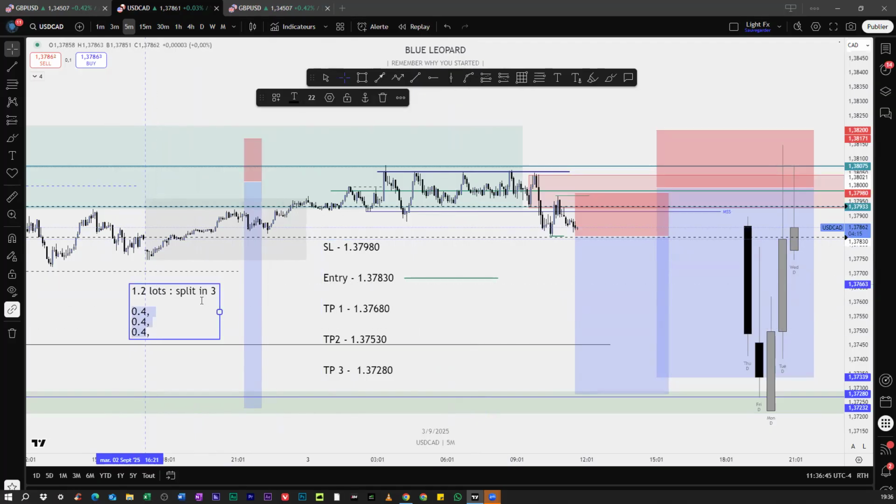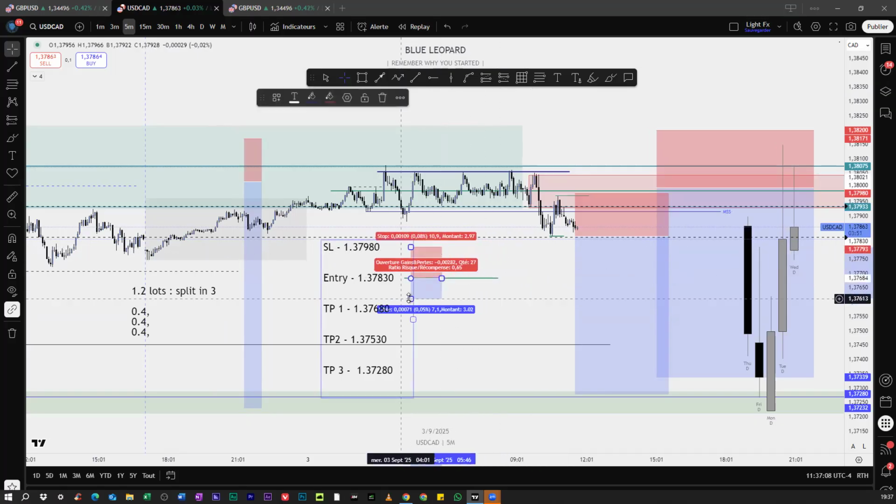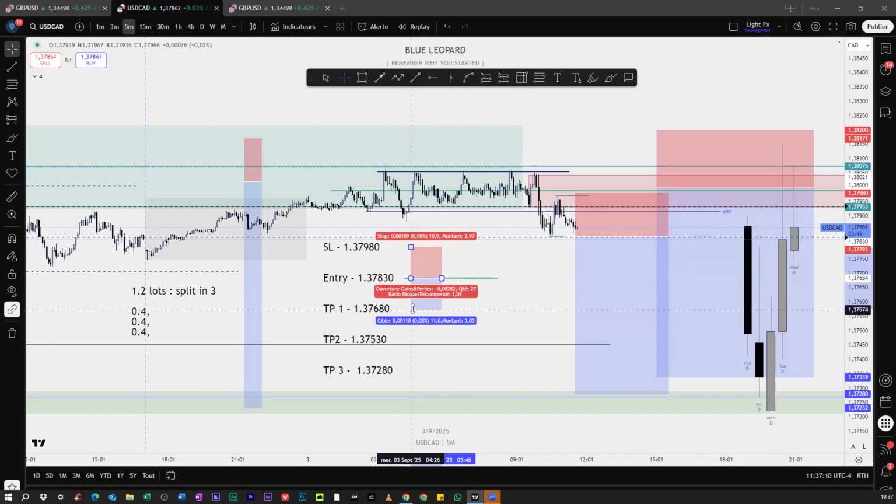So what do I do here? Instead of taking one position with 1.2 lots and then coming back to watch it and try to micromanage it, I put 3 small positions with the same amount of lots. I get here, entry, put my stop loss here, but for the first position, I will target TP1.